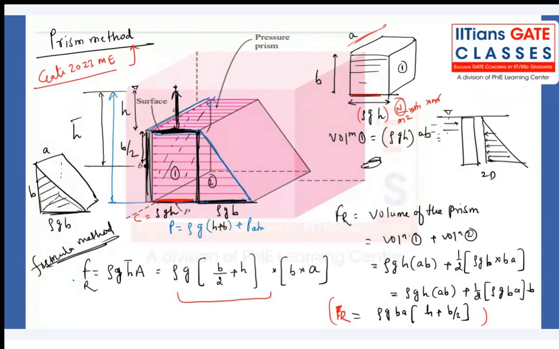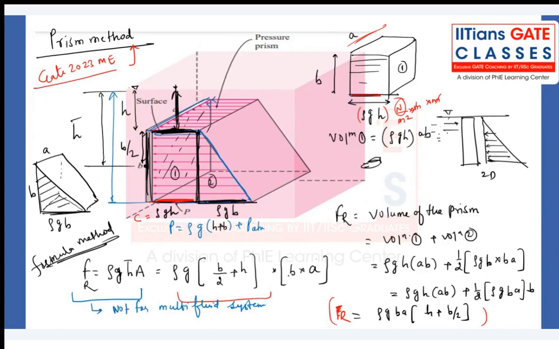Moreover, this formula is not applicable for multiple fluid system. Not for multi-fluid system. That means whenever you have only a single liquid column, then only you can use this particular formula. When you have multiple fluids, then definitely you cannot use this particular formula.